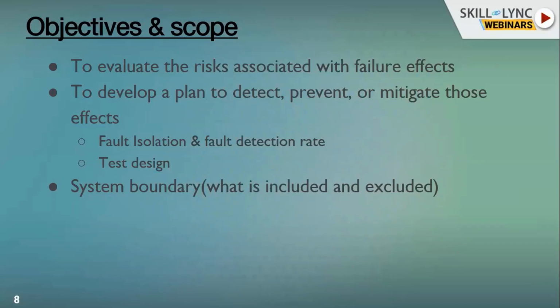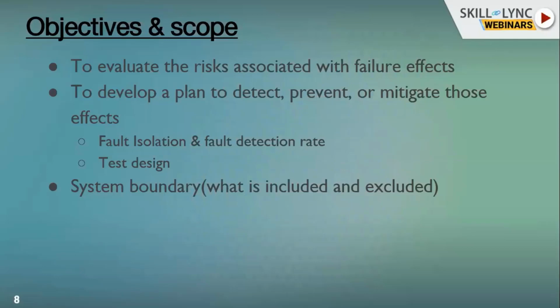And especially in mission critical industries, like automation, self-drive cars, or fighter aircraft, people do calculate fault isolation, like what is the source of the fault and what is the confidence. Is it 95% or 99% that you can isolate the fault in the system? And the other one is the fault detection rate.